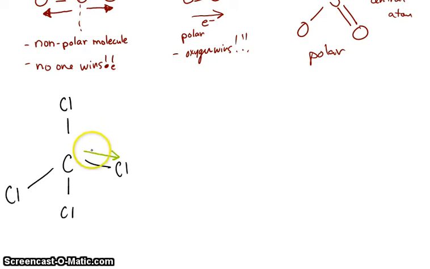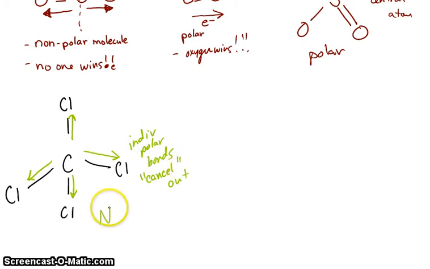But what happens when all four chlorines pull equally? Remember now that in a tetrahedral molecule, they're all evenly spaced. What happens when they all pull equally? Like a tug of war, like a three-dimensional, four-person tug of war. What happens if they all tie? The answer is all of these individual polar bonds, get ready, cancel each other out.